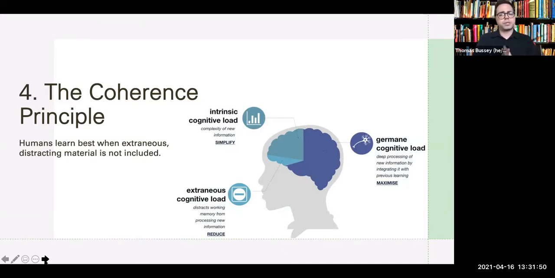An intrinsic load is just the amount of processing capacity in the brain that is trying to reconcile the activity itself, right? If I'm going to do something on Zoom, or if I'm going to do a reading out of the textbook, those different modes of presenting information take different amounts of intrinsic load.